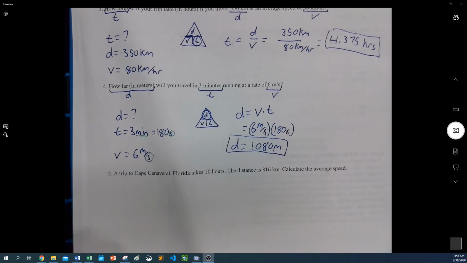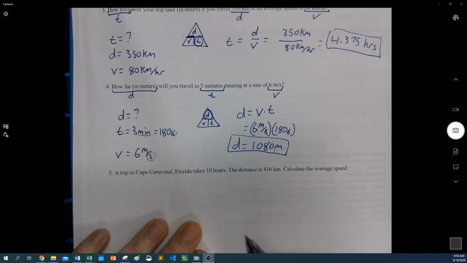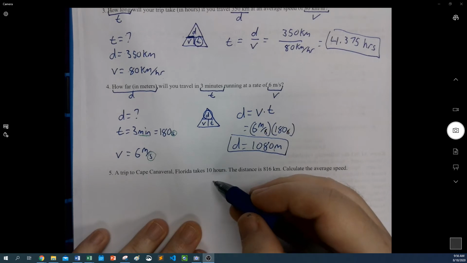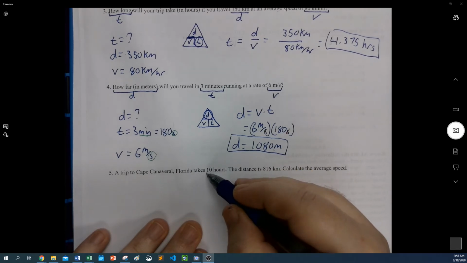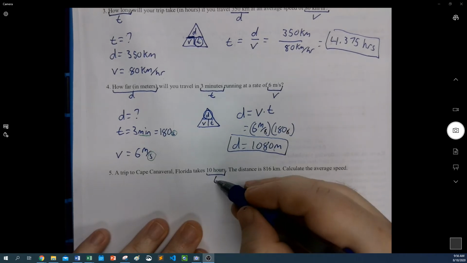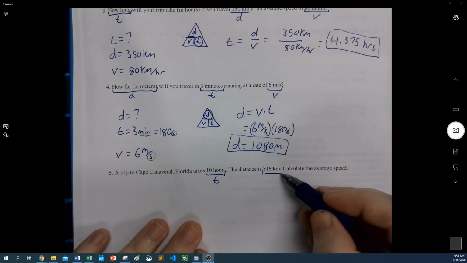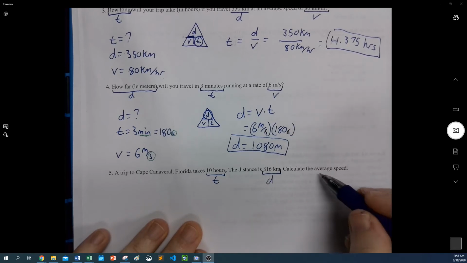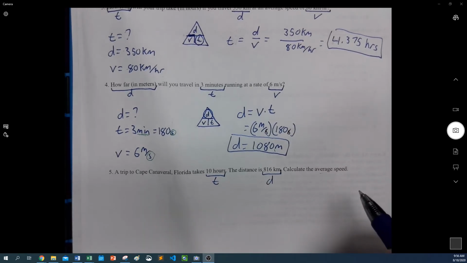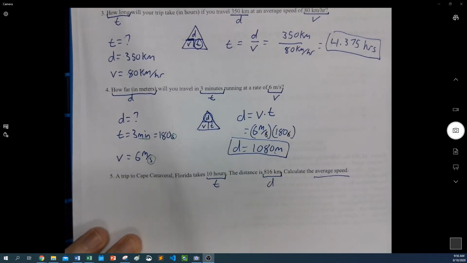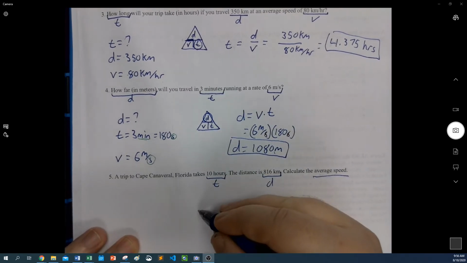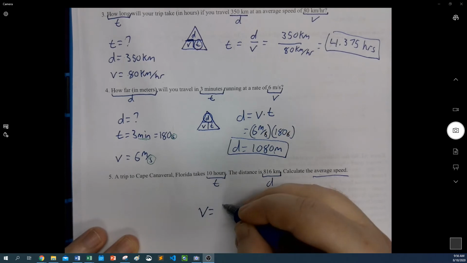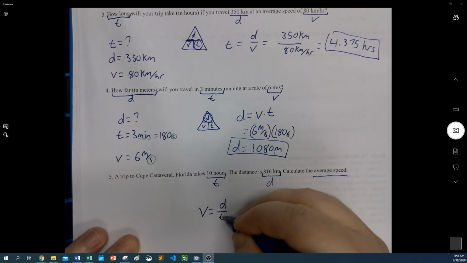So let's do number 5. A trip to Cape Canaveral takes 10 hours. That's time. The distance is 816 kilometers. And we need to calculate speed. Speed is simply distance divided by time.